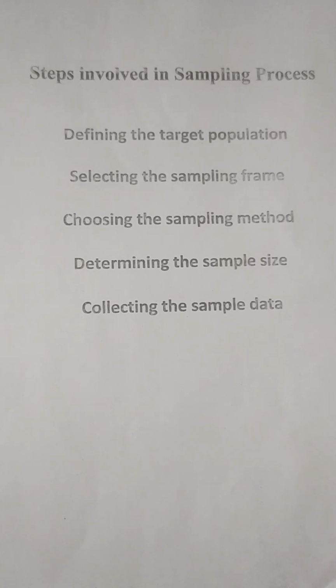The first step, that is defining the target population, is the group of people or the items that have the characteristics that the researcher wants to study. Depending upon the context of the research, the population may be that of the individuals, then organizations, objects, events, or any other type of data that the researcher wants to investigate.